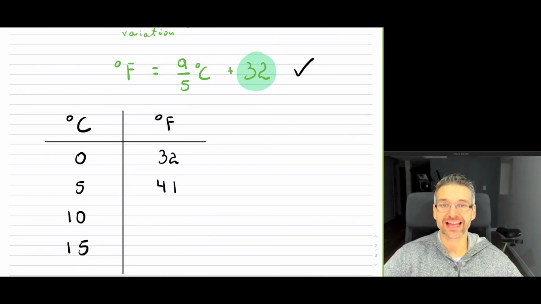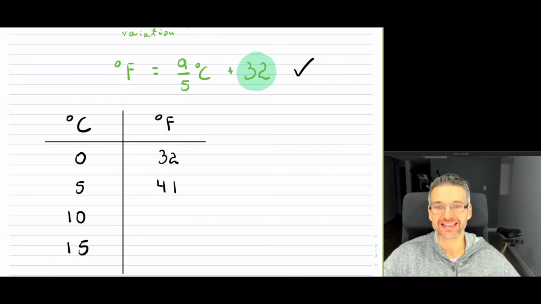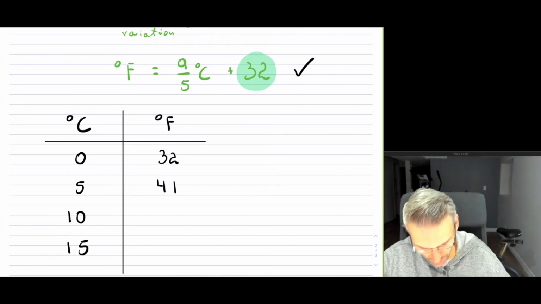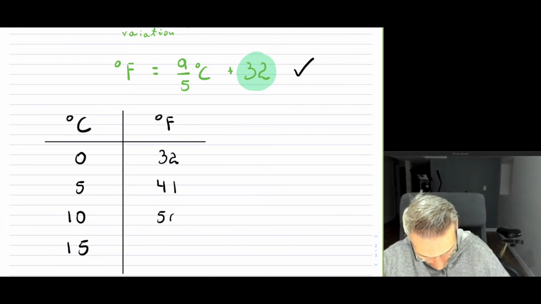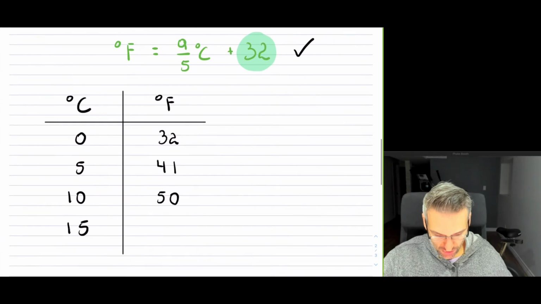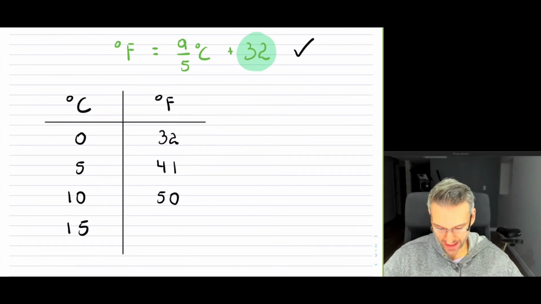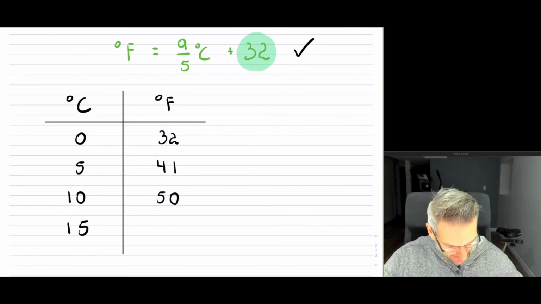And now if you take 10 degrees and substitute it into your equation, you would have 10 times 9/5, which would be 18, and 18 plus 32 would be 50. And you can continue with that.